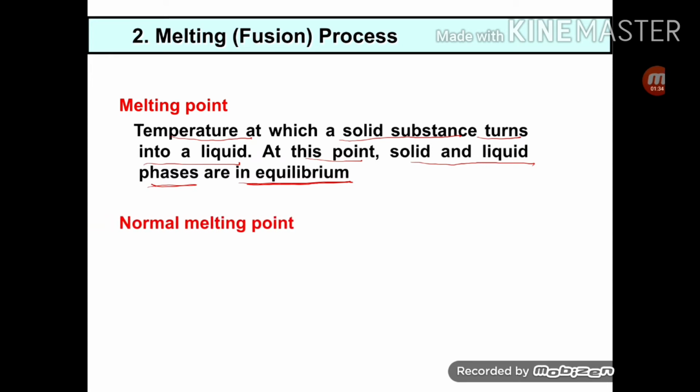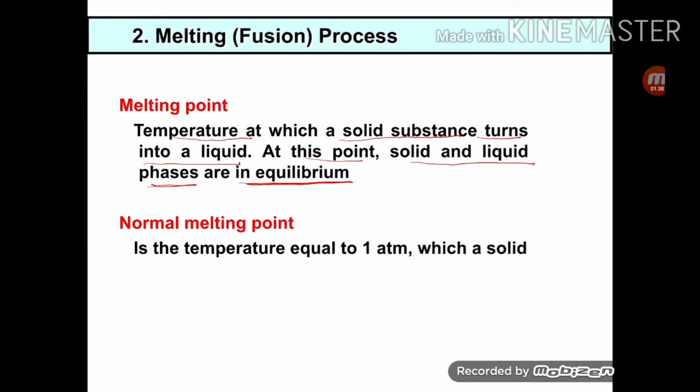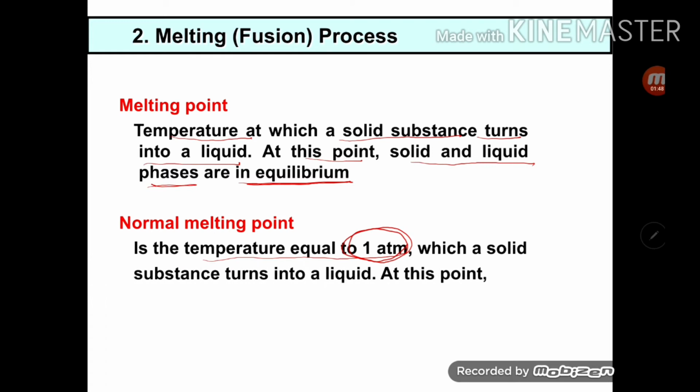Definition of normal melting point. Normal melting point is the temperature at a pressure equal to 1 atm at which a solid substance turns into a liquid. At this point, solid and liquid phases are in equilibrium.